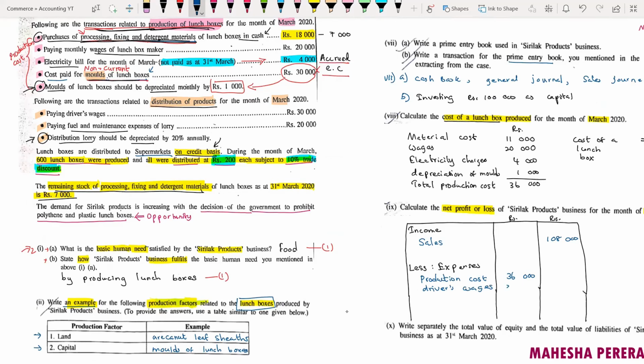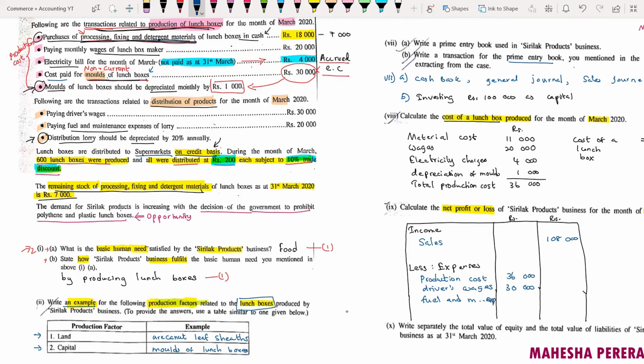It's 30,000, right? And then fuel and maintenance, right? I don't have the space here, so I just wrote it short: fuel and maintenance expenses, EXP.